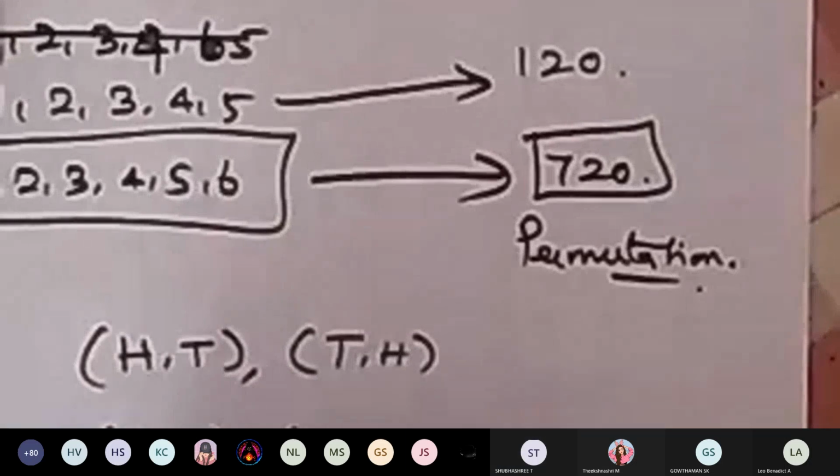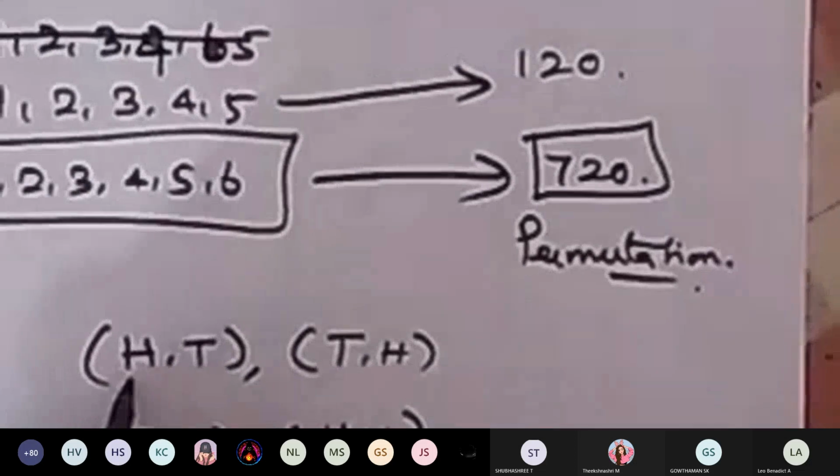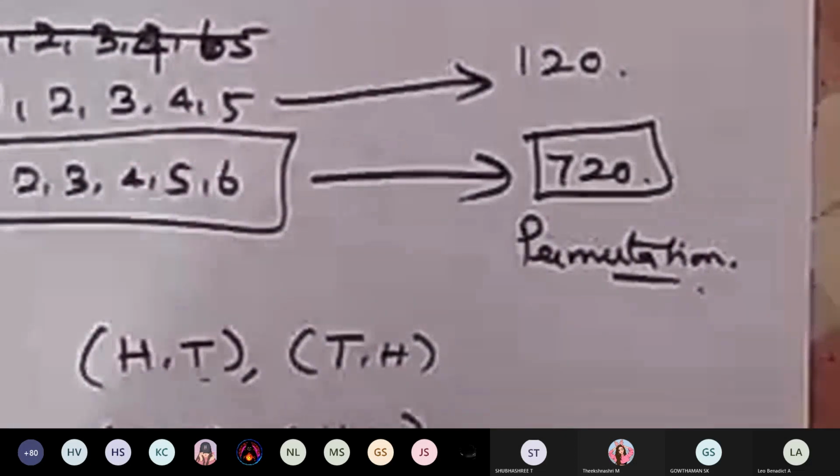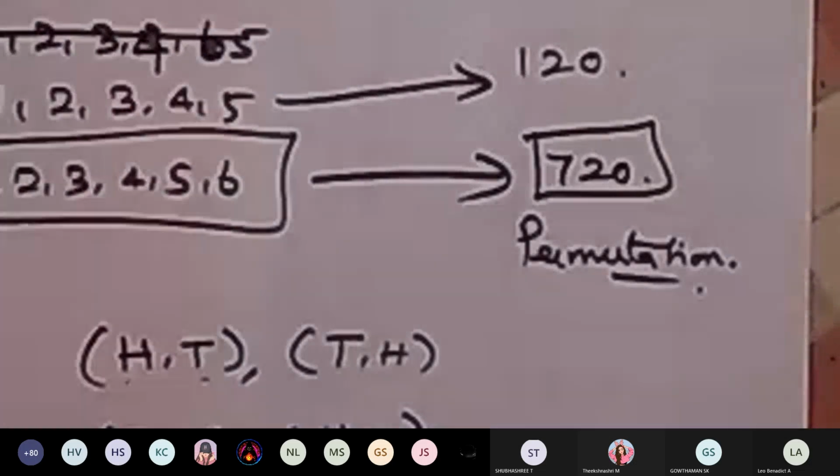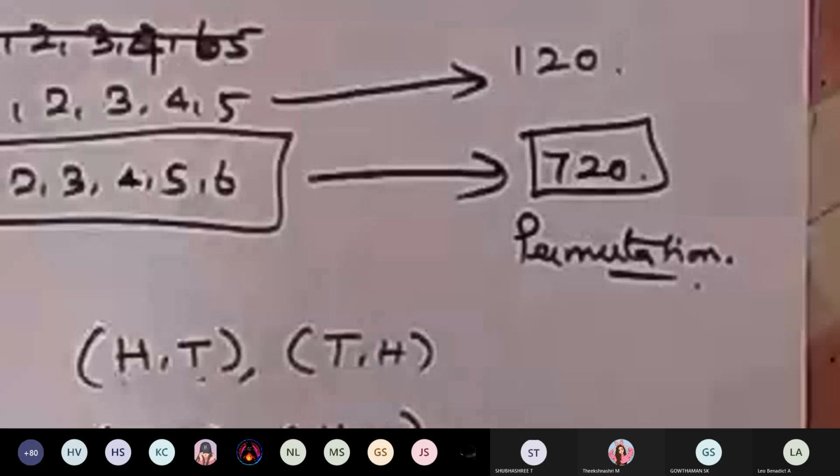Tail tail, head head, head tail, tail head. So you can arrange the coins like this, right? If I give you 2 coins and ask you to arrange, you may arrange like head tail or tail head, tail tail or double head. Am I right? So the number of ways of arrangement of coins, or number of permutations, is 4.